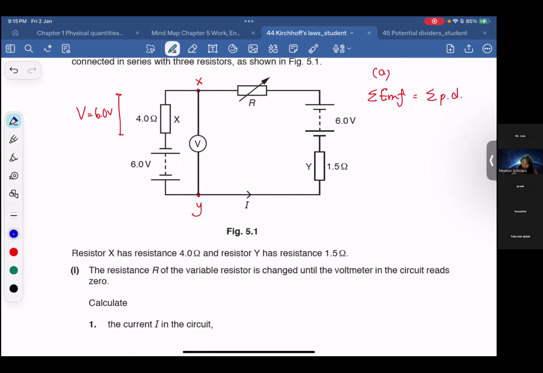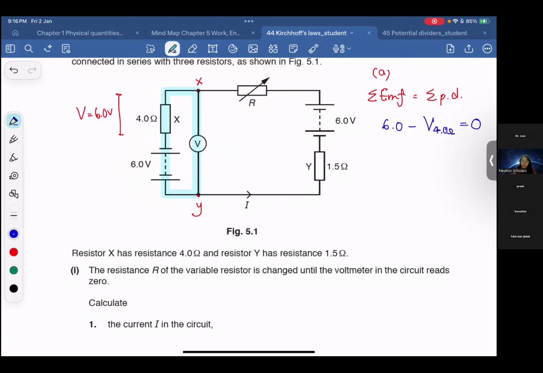Your EMF for this part, so I'm using my highlighter to show you, now I'm talking about this part. The EMF is 6.0. You minus the current, or we say the potential difference, across the 4 ohm. It's actually 0.